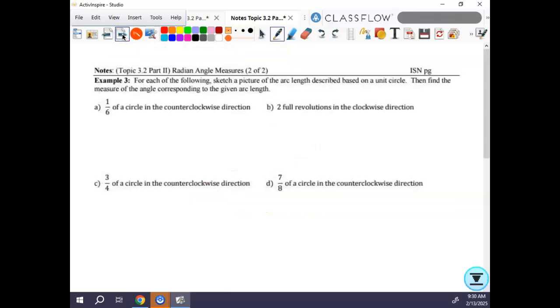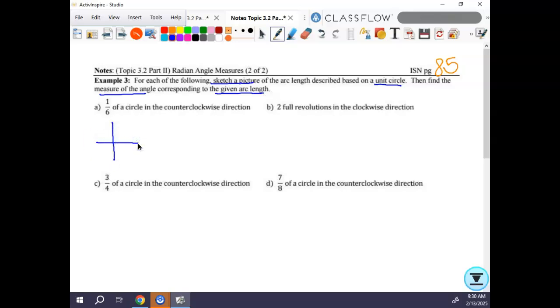Next piece of paper then. Let's go on page 85. So for each of the following, we're going to sketch a picture of the arc length described based on the unit circle, then find the measure of the angle corresponding to the given arc length. So really, we're going to kind of do that backwards. I would rather find it and then sketch it, but we're going to sketch this.